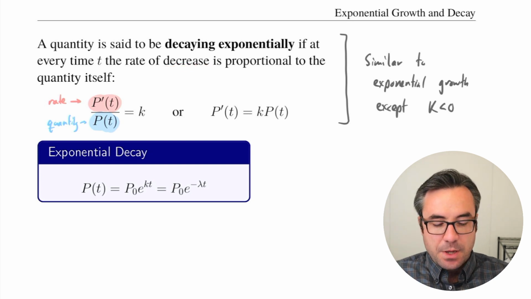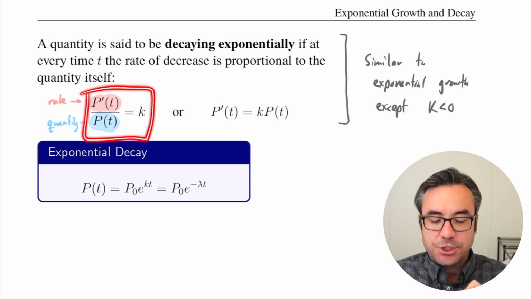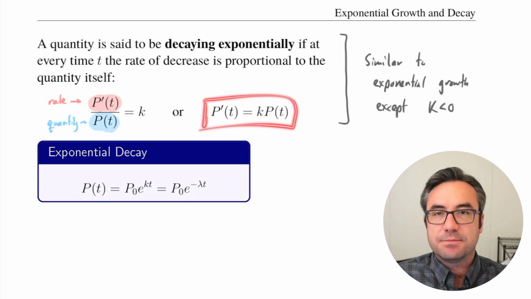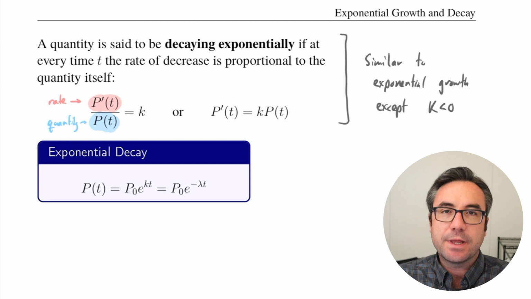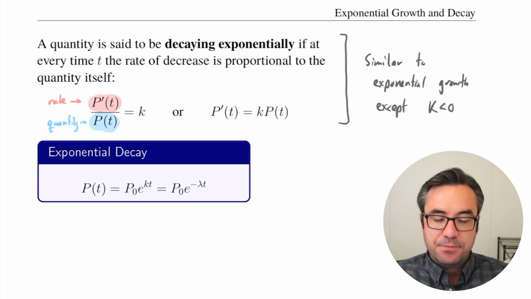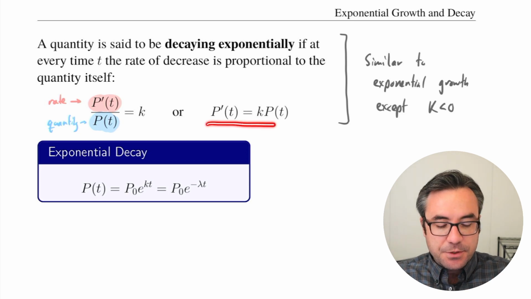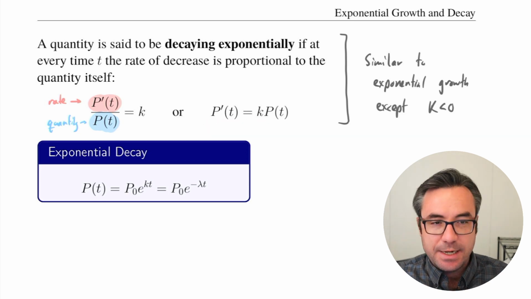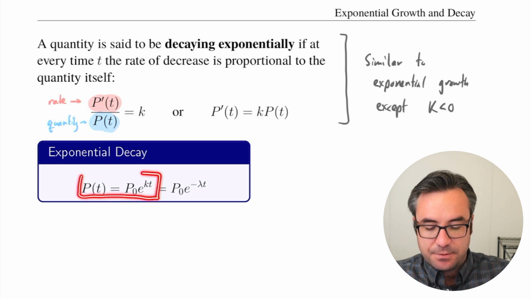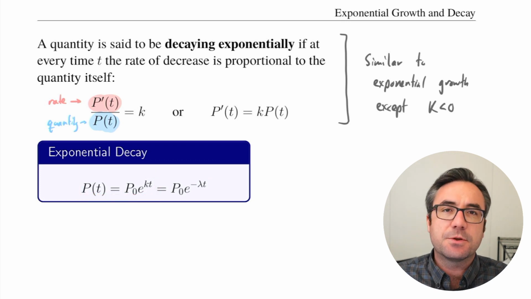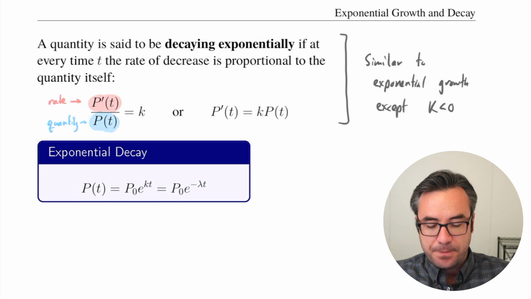All right, so if we write this relationship as an equation, P prime is equal to k times P, this gives us a differential equation. This is something that you would see in Calc 2. But the solution for this differential equation is this formula, very similar to the formula we looked at with exponential growth.